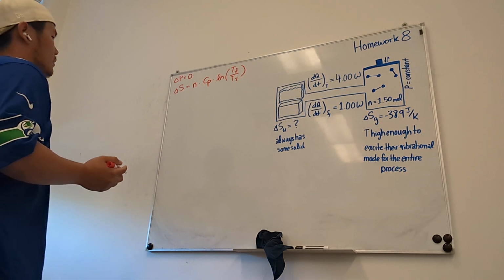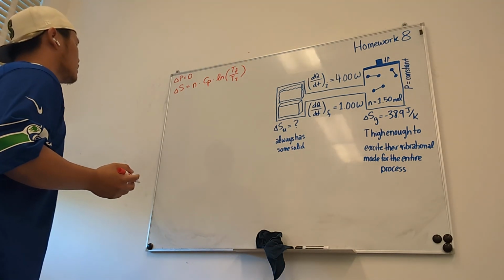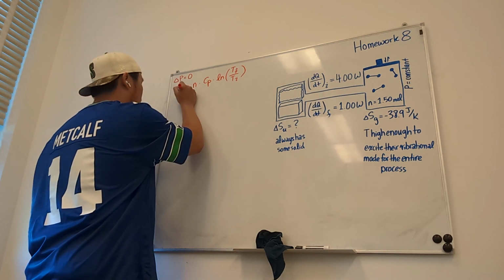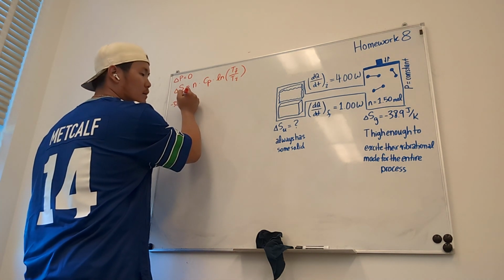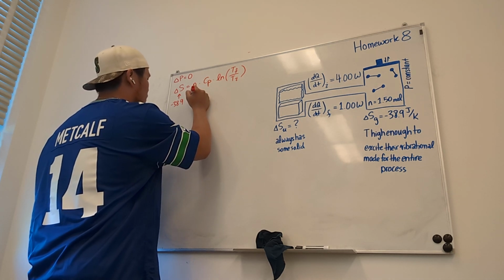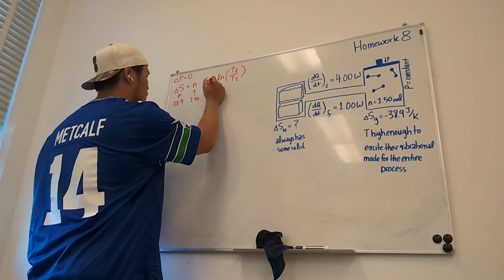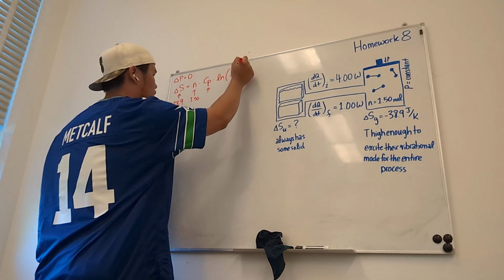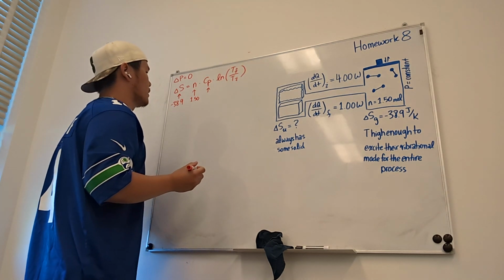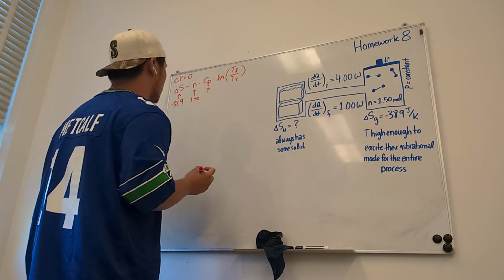So let's take stock of this. What do we know in this equation? We know delta S is negative 38.9. We know N is 1.5. We can calculate Cp. So that leaves us with a ratio for final and initial. So let's try to figure out what Cp is.